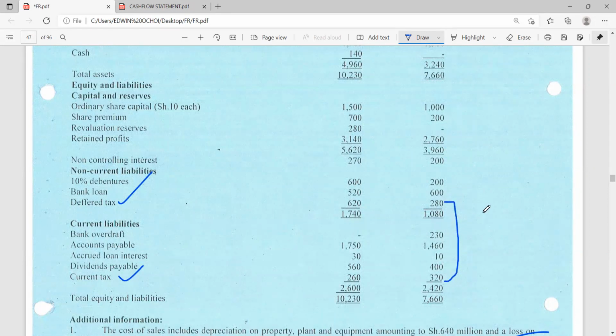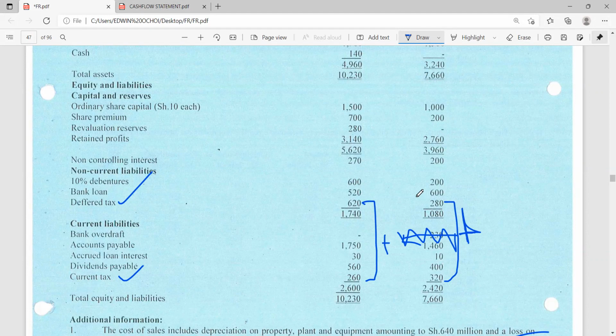You combine that as your balance brought down, and then this is the balance carried down. But before that, there are transactions which might have occurred during this period. So for the tax, current tax and deferred tax.